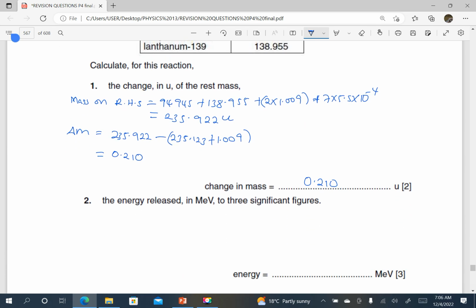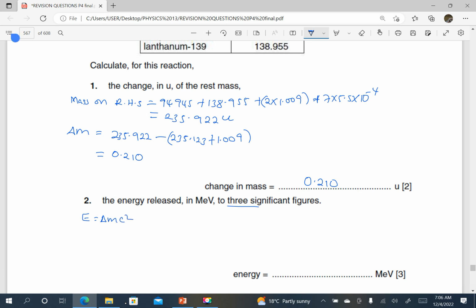Then the energy released in mega electron volts to three significant figures. So we are going to find the energy equivalent for this mass difference. And we know that energy is equal to the difference in mass times c squared.